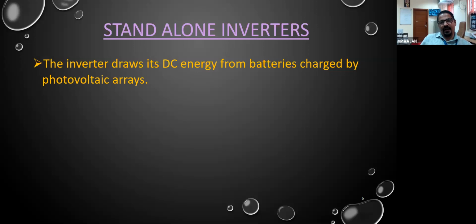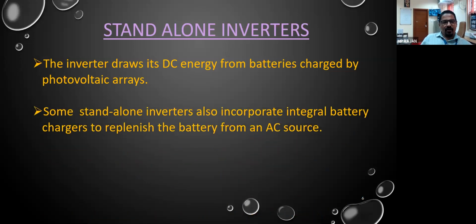From the battery, supply is given to either DC load or to the inverter. So your inverter is drawing DC energy from the storage battery.